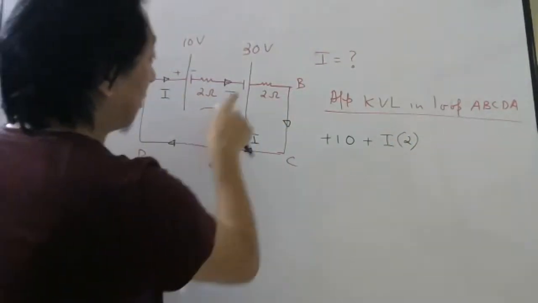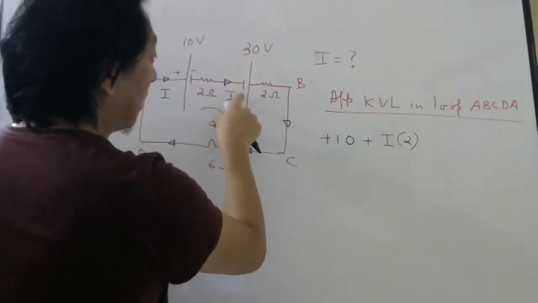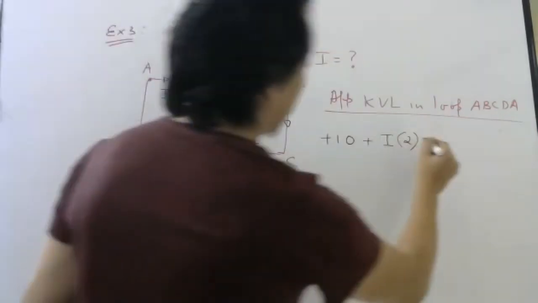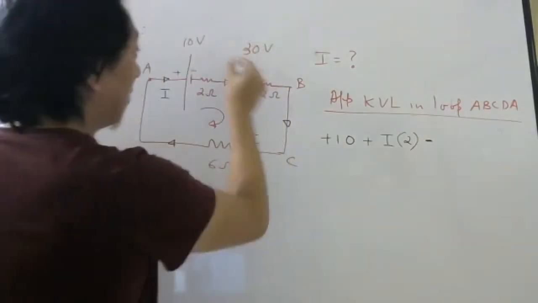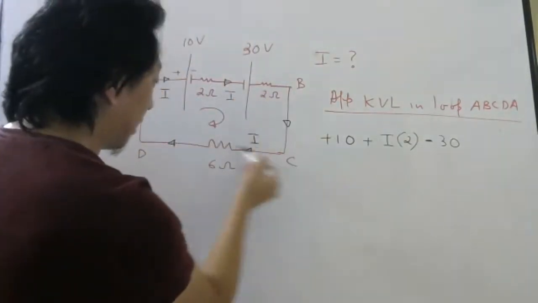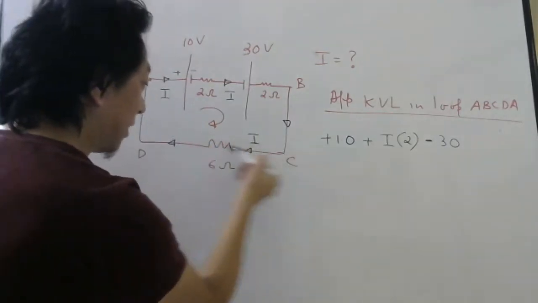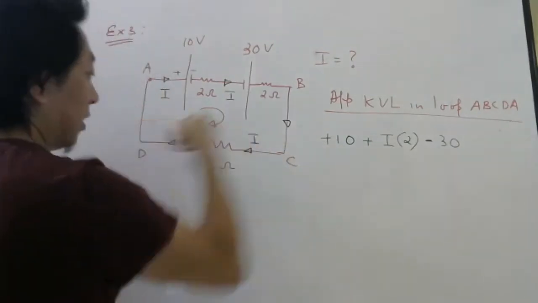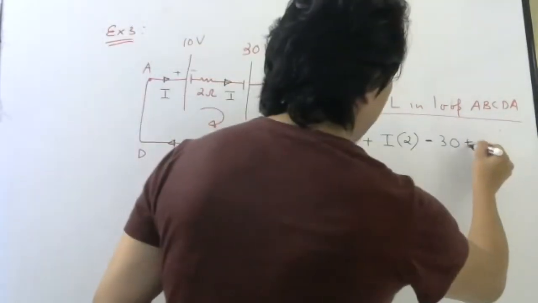Then this battery you see, minus 2 plus. Minus 2 plus you are going, like this. So rise. So minus. What is the EMF? 30. Then again in the same direction of current. Same direction of current, drop, because you are going from higher to lower. Drop means positive. What is the current?